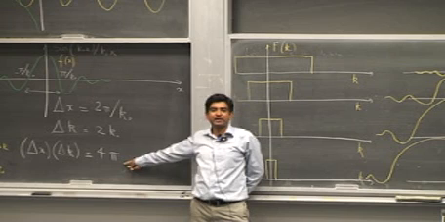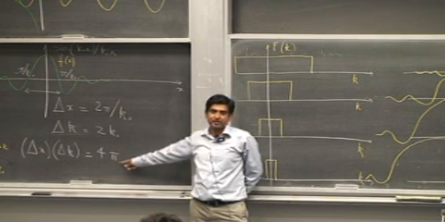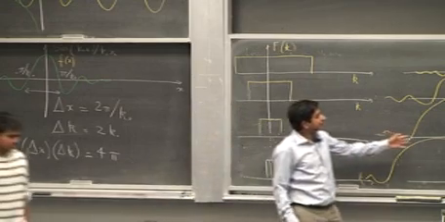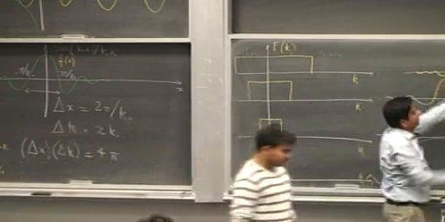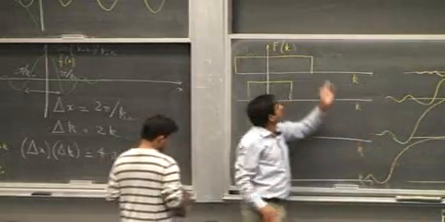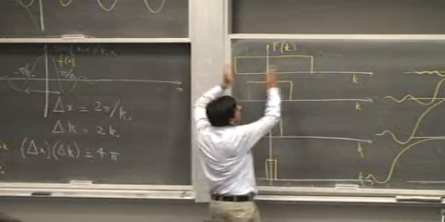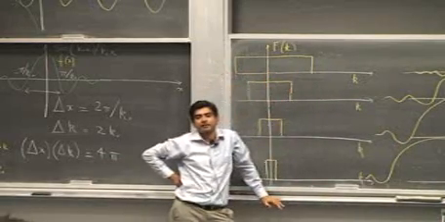If delta k goes down, delta x must go up. If delta k goes up, delta x must go down. So if you would like to make a pulse that is sharp in the real space, you would have to add up a large number of component waves with a large spread of k values.